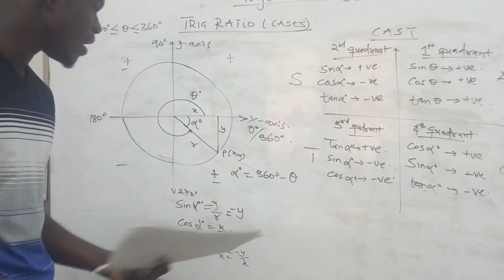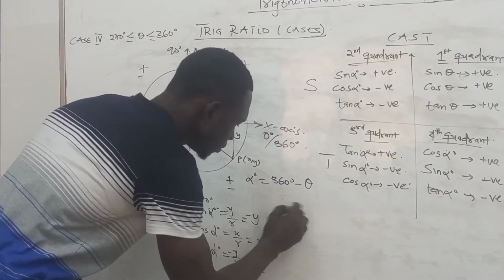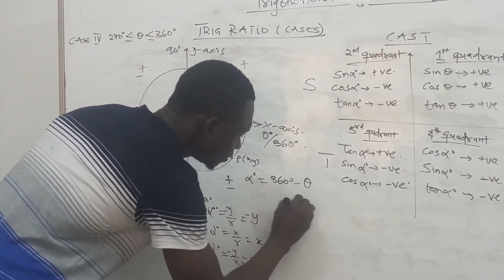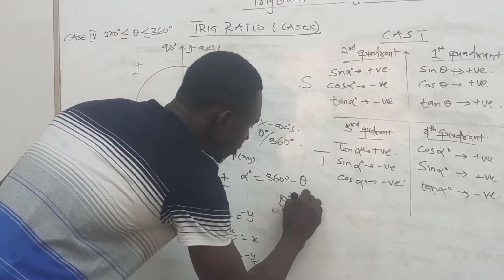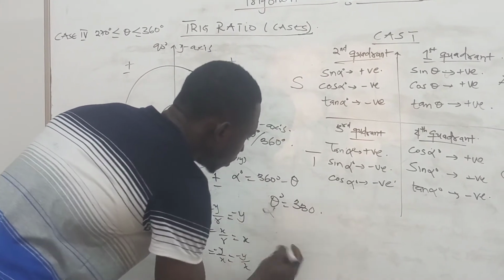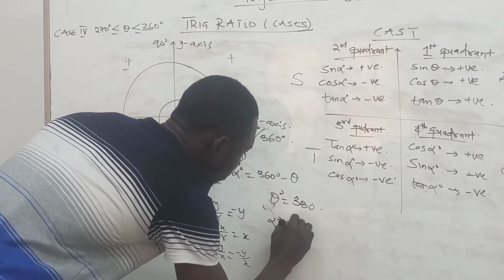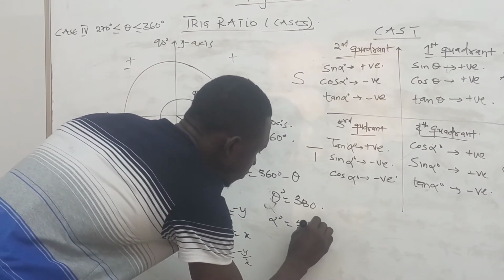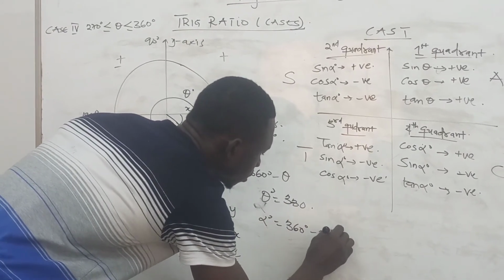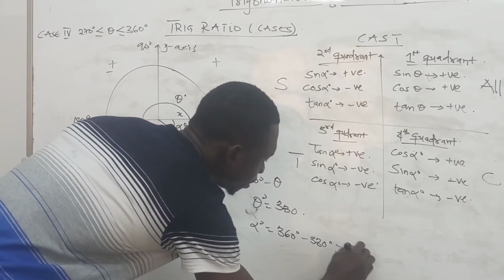So if angle theta is given to you, say 330 degrees, then your alpha degrees is basically 360 degrees minus 330, then you get 30 degrees.